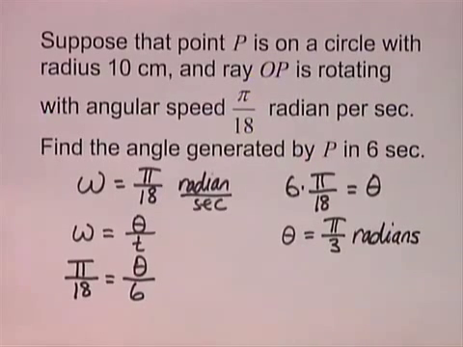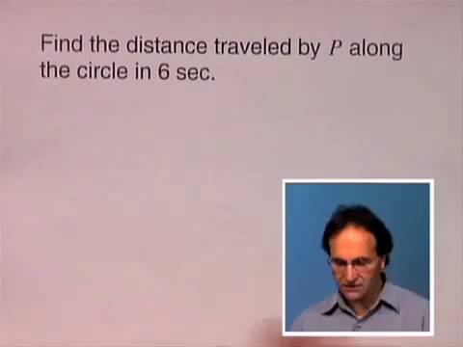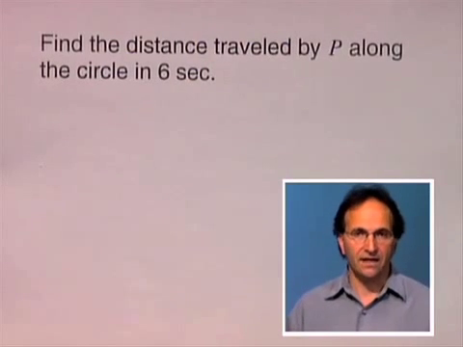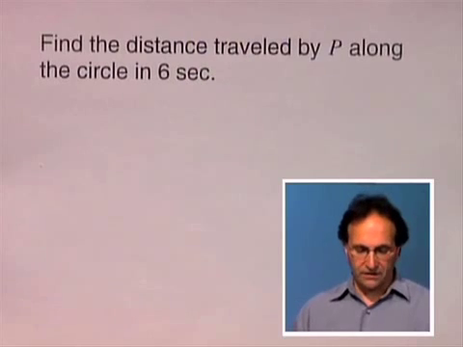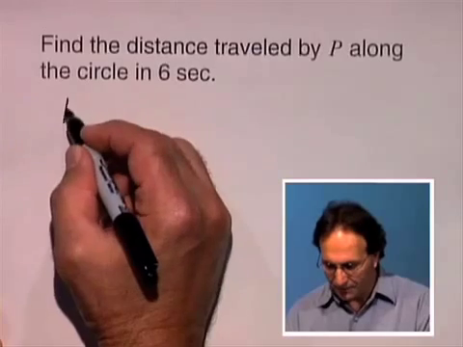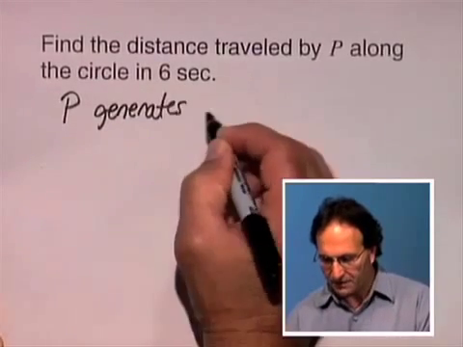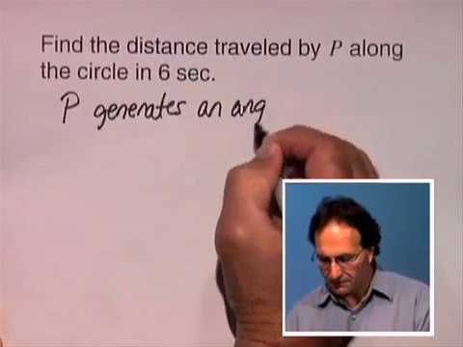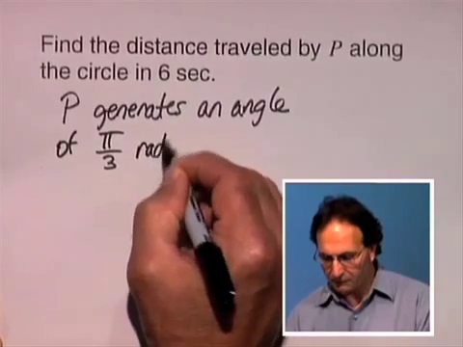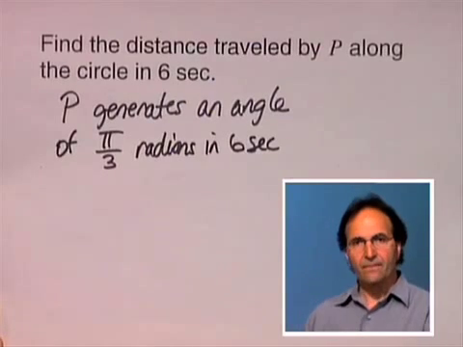Let's look at another part where we want to this time find the distance traveled by P along the circle in 6 seconds. So for this example, we want to write down that we just found that P generates an angle of pi over 3 radians in 6 seconds.